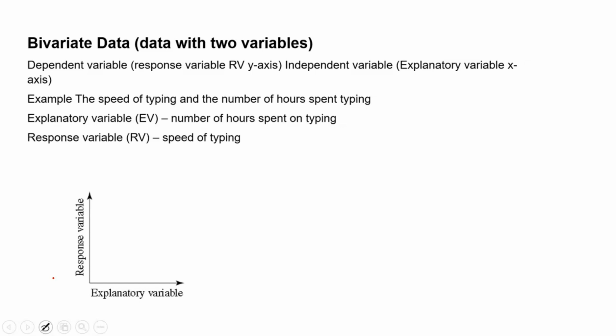In this example, the speed of typing and the number of hours spent typing: the explanatory variable, the x-axis, is the number of hours spent typing, and the response variable is the speed of typing. In other words, the y-axis.